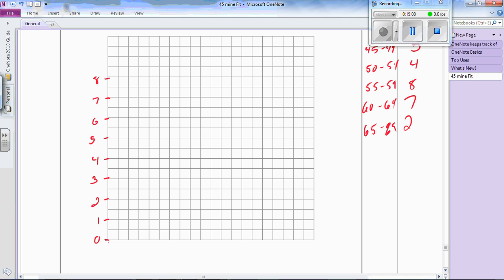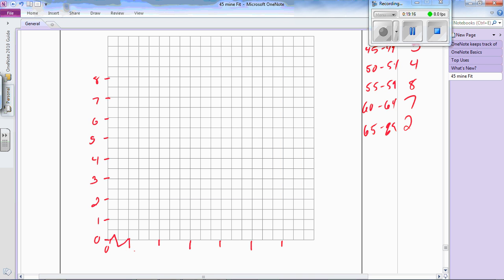Since the first interval does not start at 0, I have to include a break. There are 1, 2, 3, 4, 5, so I'll just go every 3. 1, 2, 3, 4.